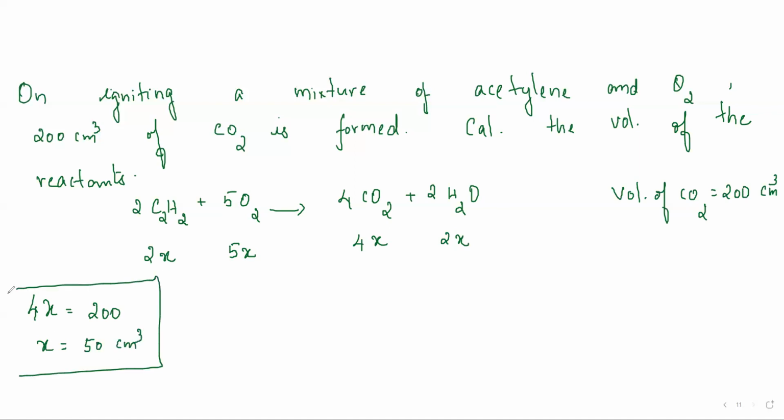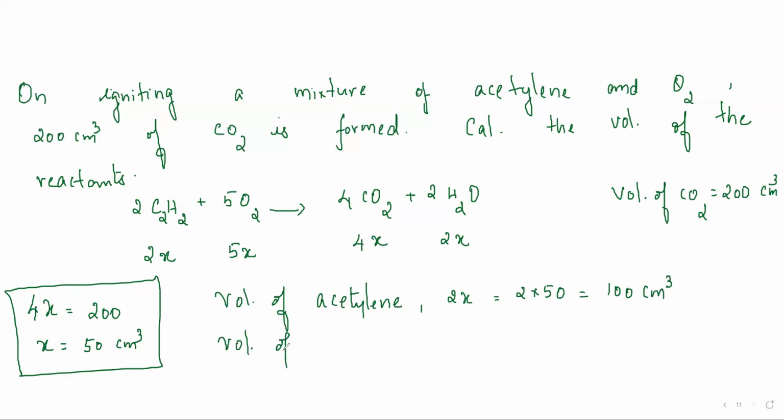It's given the volume of carbon dioxide is 200, which means 4x is 200 and x is 50 centimeter cube. Therefore, volume of acetylene, which is 2x, is 2 into 50, that is 100 centimeter cube.